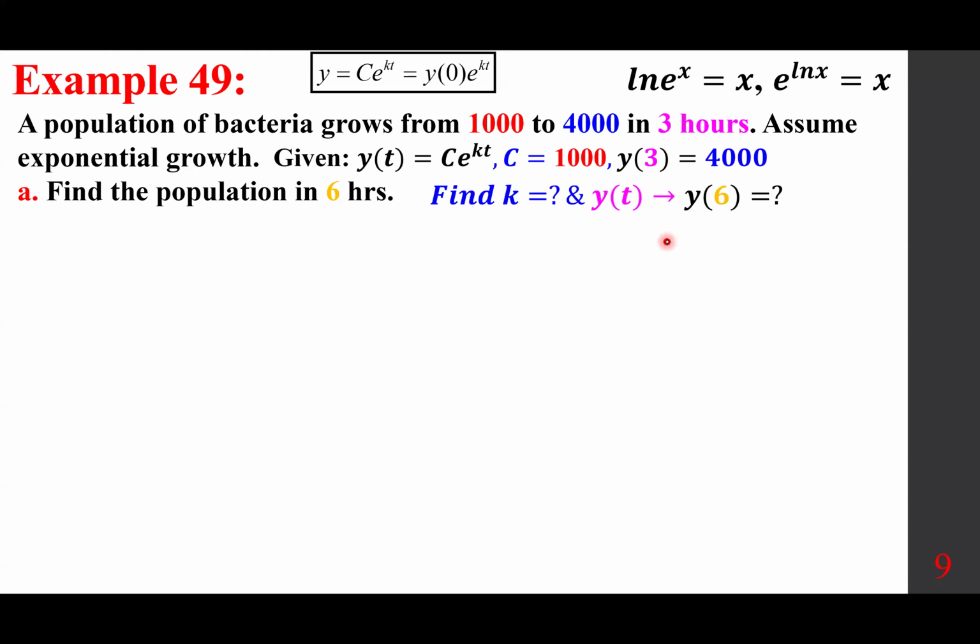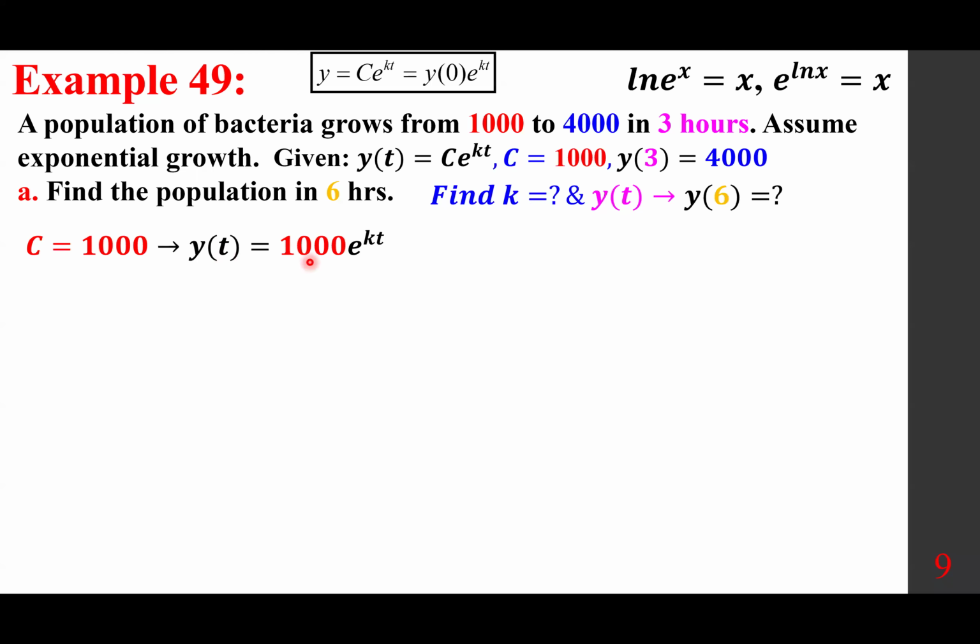So in this formula, we are going to replace the c with what is given, and we get y of t equals 1,000 e to the power of kt. Also, we know y of 3 is 4,000. So in this formula, we replace y with 4,000.